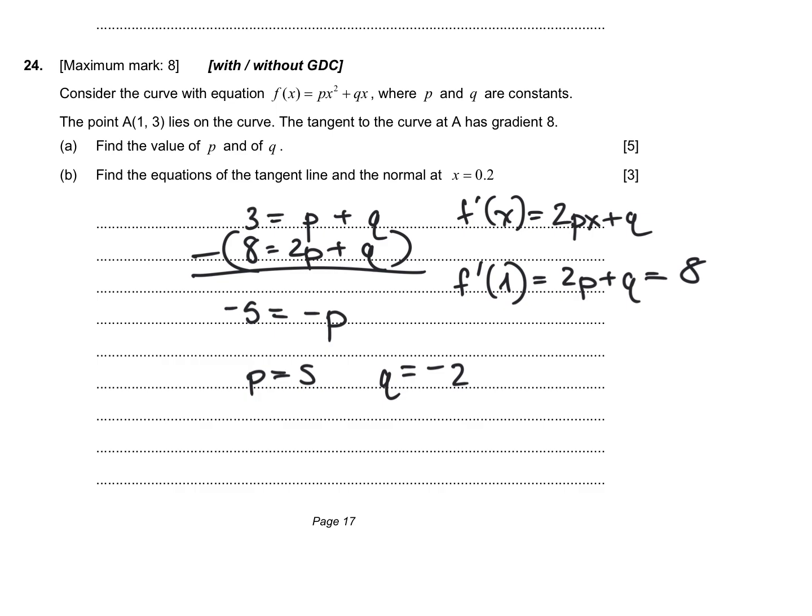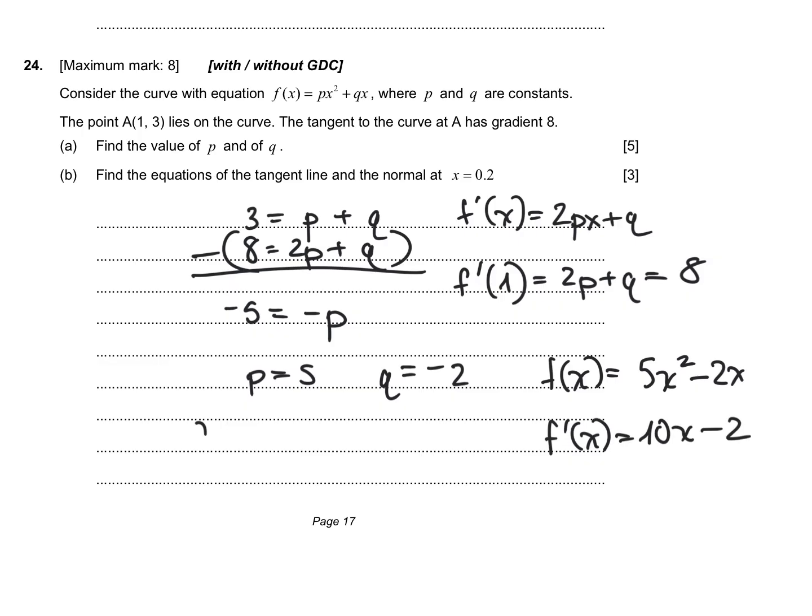Find the equations of the tangent and normal at x equals 0.2. So now we have the function f of x equals 5x squared minus 2x, and we also need the derivative, which is 10x minus 2.